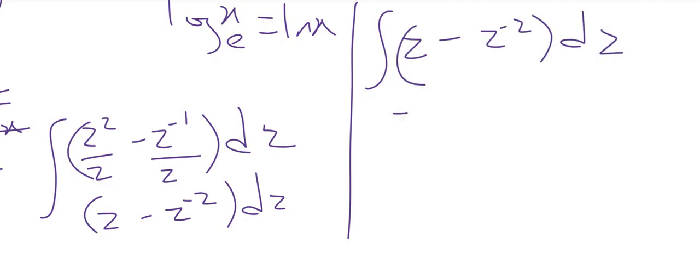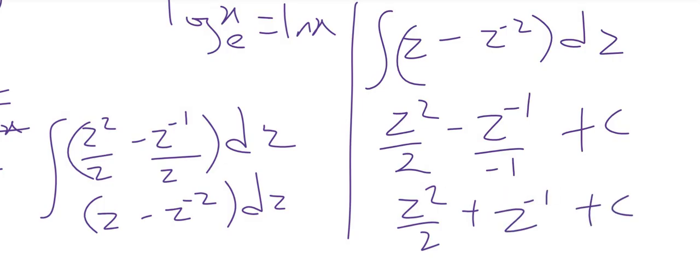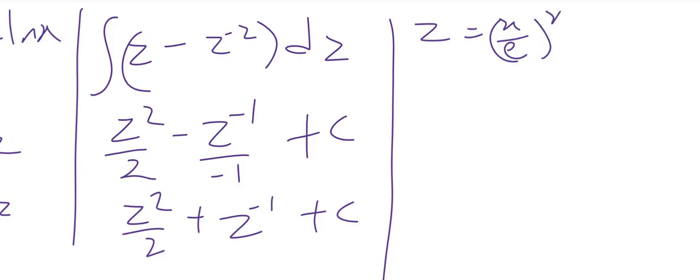If I integrate, I have z squared over 2 minus z negative 1 over minus 1, plus c. This is z squared over 2 plus 1 over z, or I can say z negative 1, plus c. Now don't forget, z was used to represent something at the beginning of the question. I said z is equal to x over e to the power of x.